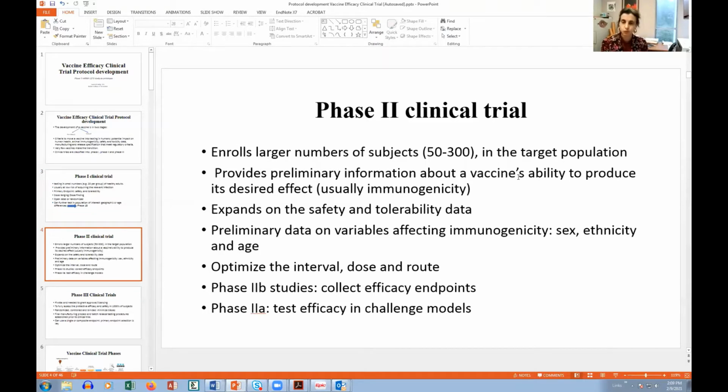Assuming all goes well and the phase 1 clinical trial data are reassuring in terms of safety and immunogenicity, a vaccine is moved into the phase 2 step, where a larger number of individuals are enrolled, averaging 50 to 300, which is a number we see often. It provides preliminary information about the vaccine's immunogenicity. So now the numbers are larger.